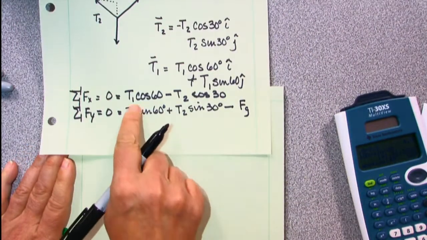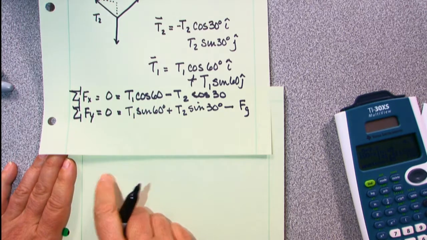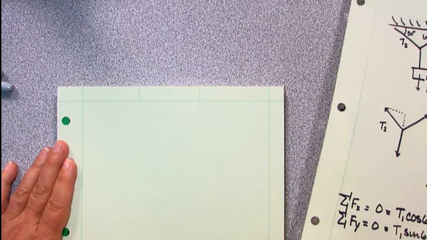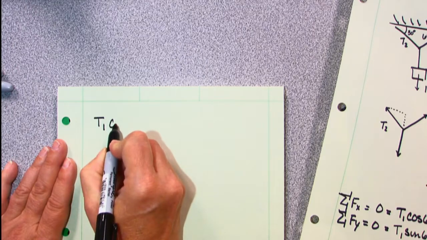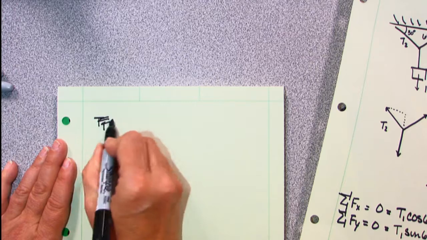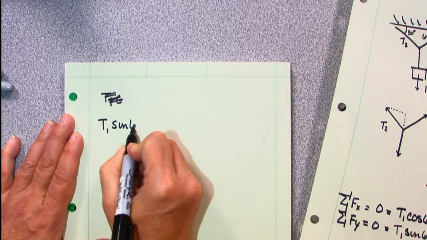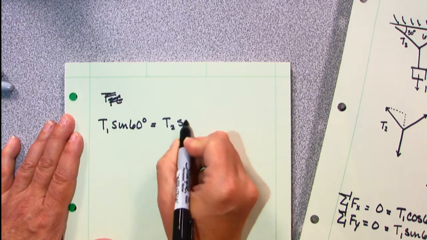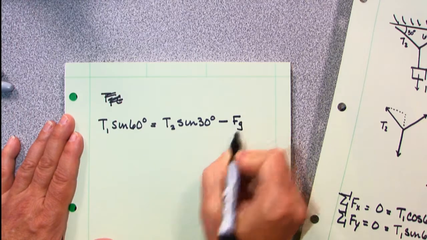I'm going to put T1s on one side. I'm going to do T1 sine 60 degrees is equal to T2 sine 30 degrees minus the force due to gravity.